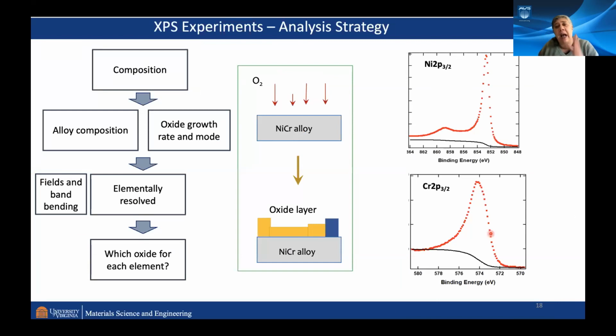How does it play out over time? It's very hard to do fast measurements in STM, but with XPS, you can now use ambient pressure XPS to look at the evolution over time. And that's what we did. For this purpose, we used bulk samples with specific different compositions, but also different crystallographic orientations.